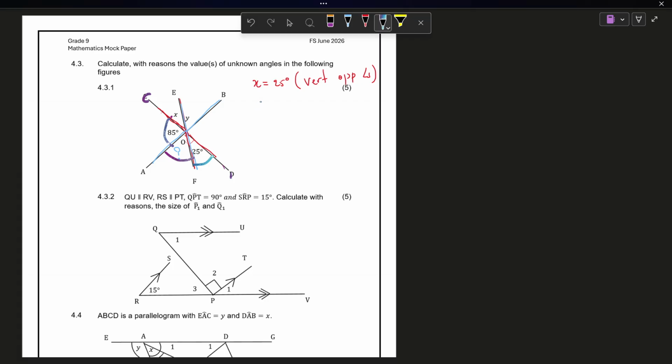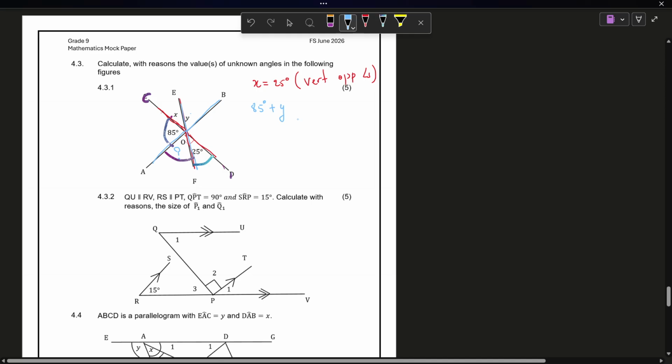So how do we express it in mathematics? Well, we can rewrite it. We can just say 85 degrees plus the angle we don't know here. We can call it the unknown. We know that angle is the same as y because they are vertically opposite. Can we say that? Okay.